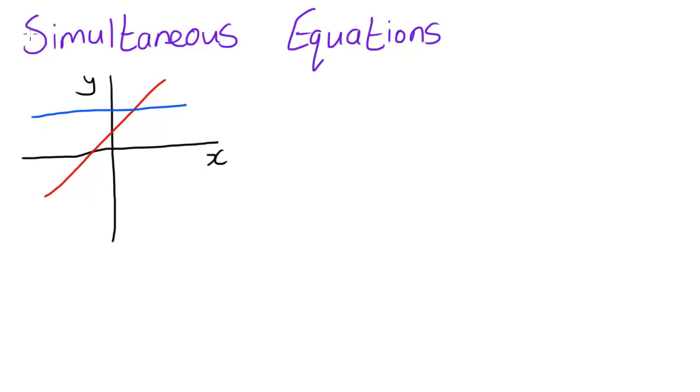I know they're not completely straight, but let's say that blue is the line A, and red is going to be our line B, and I want to know where the point is at which these two lines intersect. So let's say that the line A looks like to me y equals, let's call it 5.